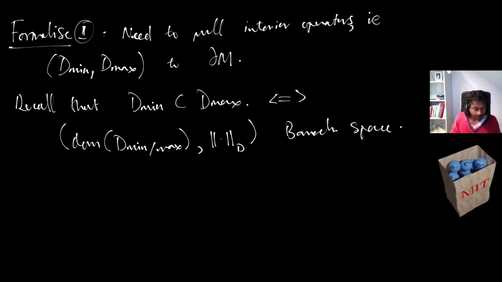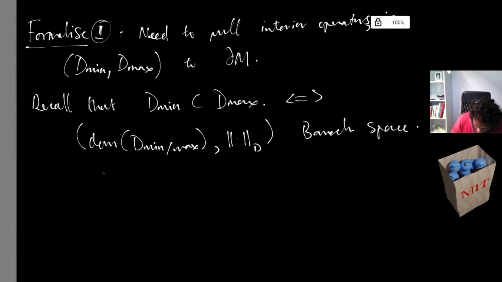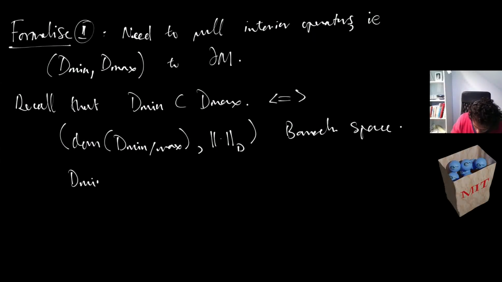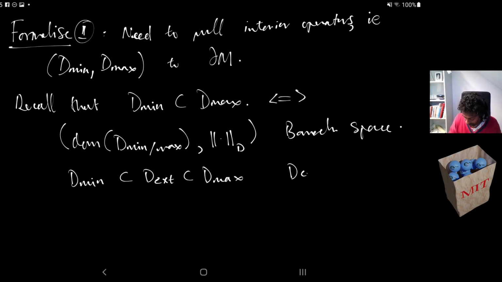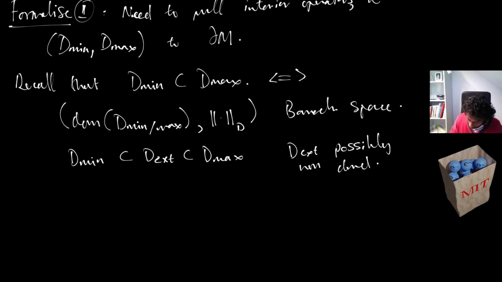So thinking about extensions, trying to understand all possible extensions, not necessarily closed, D_x possibly non-closed, need not be a closed operator, the point is that this is going to correspond to subspaces.